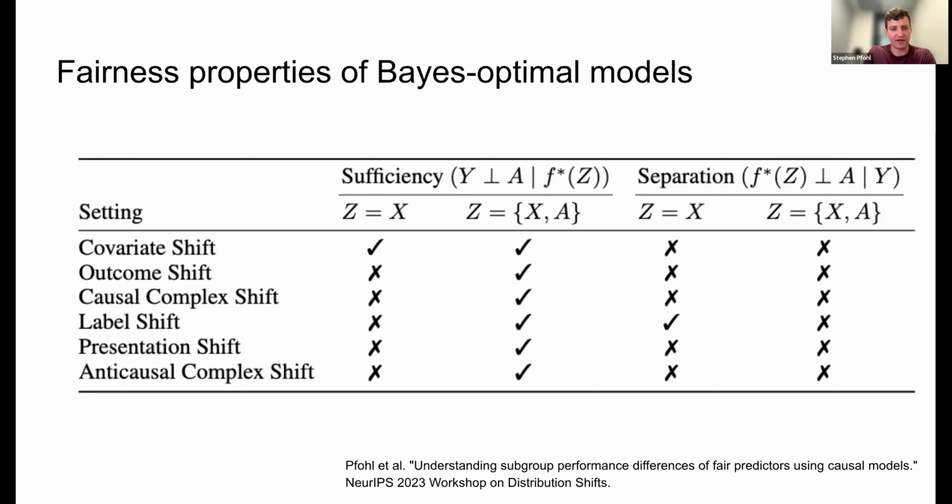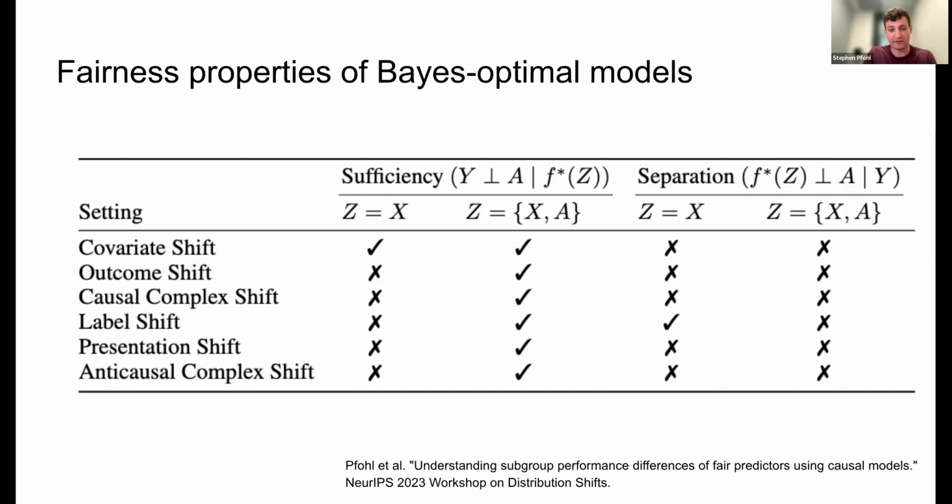And when you use X and A for prediction, you actually expect sufficiency in all cases. And when we talk about separation, which is that condition that essentially controls those conditional distributions that give us equal error rate control, we'll see that we only get separation under the label shift graph, and then only if the prediction depends only on X.